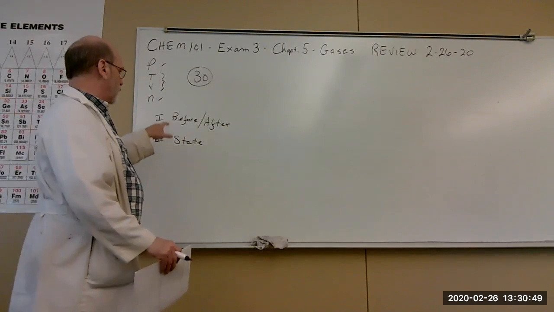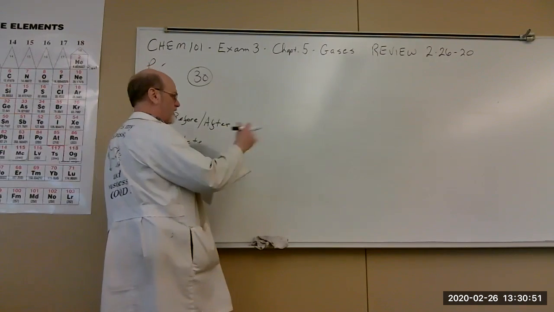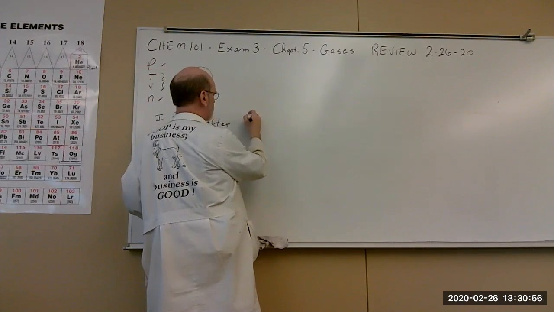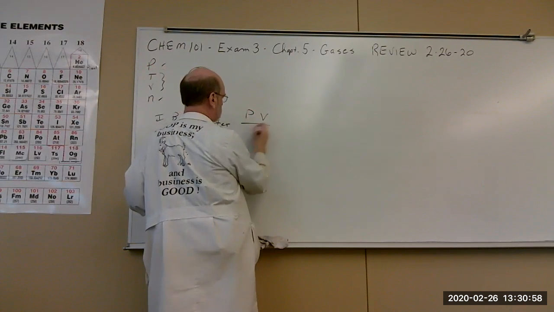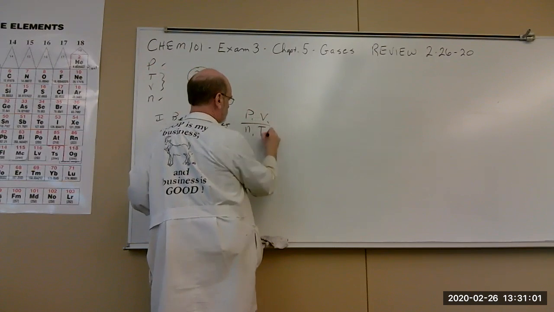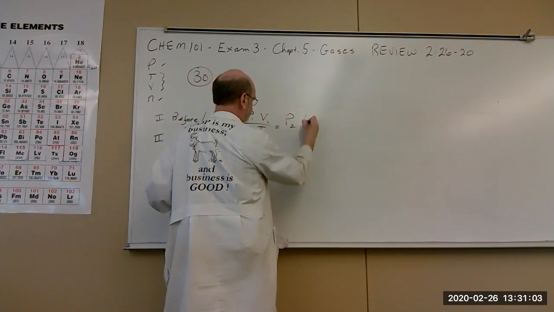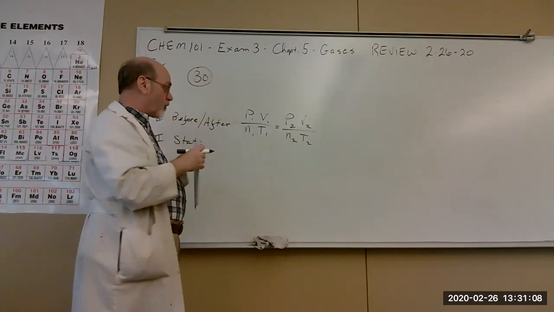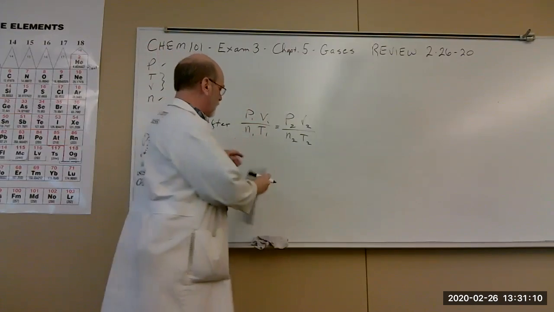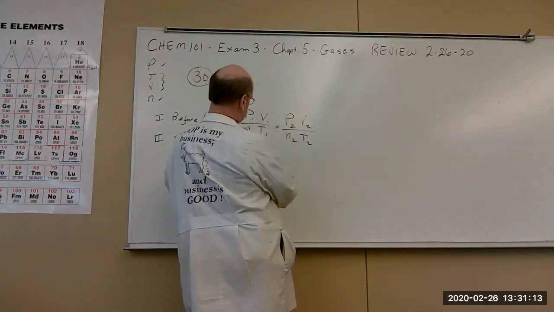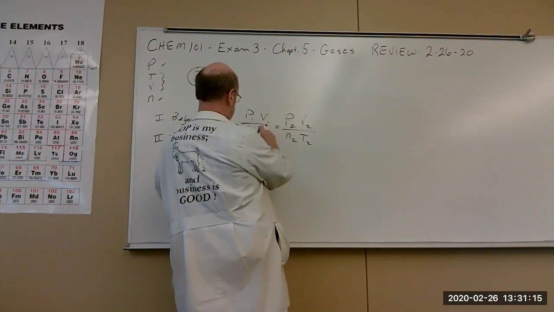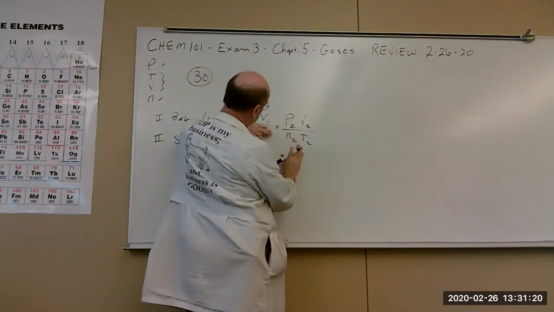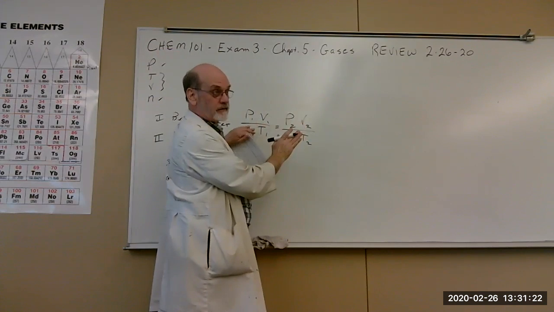With these, you use variations of the combined gas law. So you have pressure, volume, moles, and temperature. Then, of course, if you hold any of these constant, like you hold moles constant, then you don't have to deal with those. If you hold these two constant, you have Boyle's law.